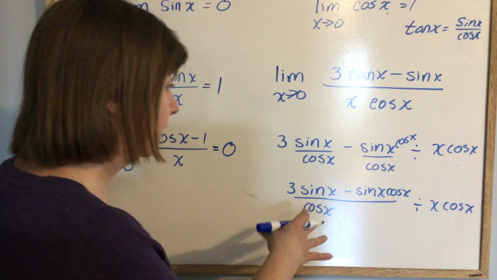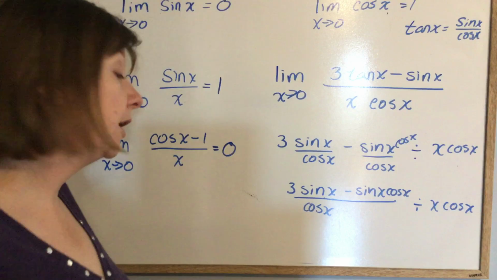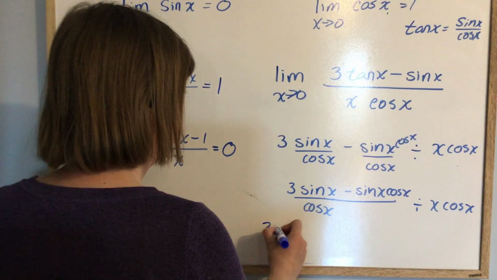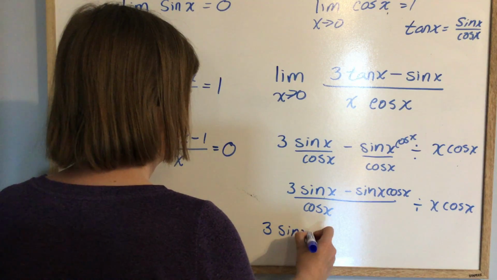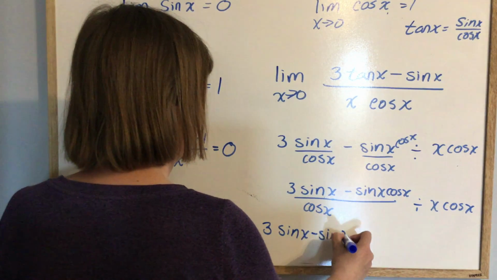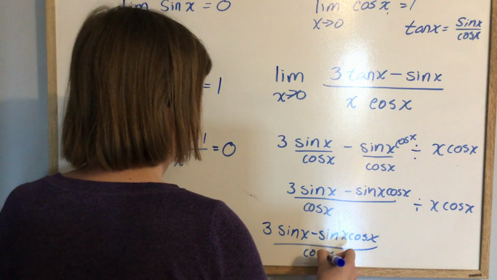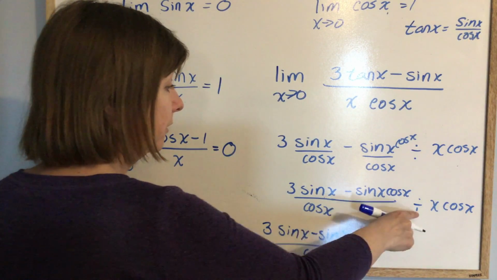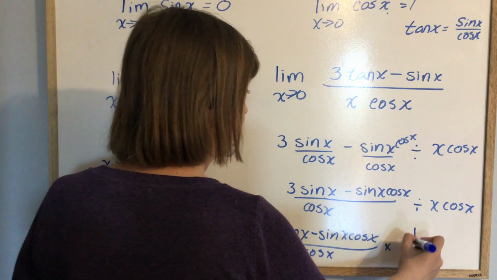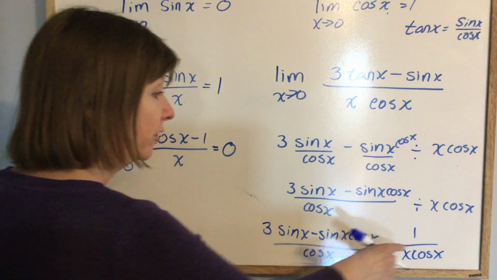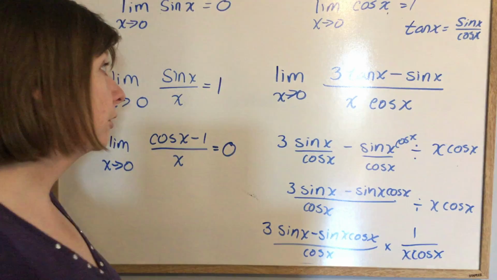I would rewrite this as 3 sine x minus sine x cos x all over cos x. So keep, switch, flip. So times 1 over x cos x.